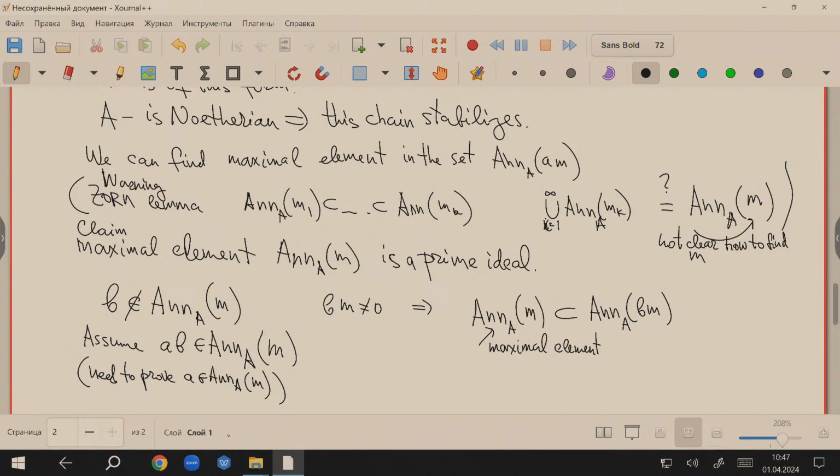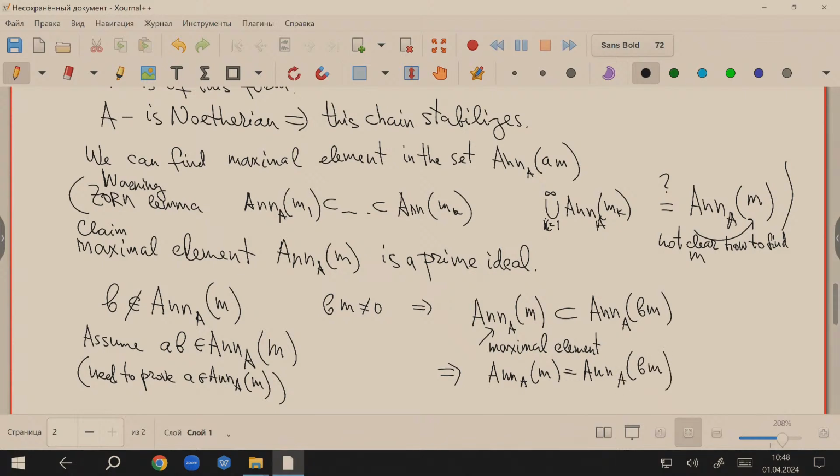So algorithmically, if you have such B, then we can enlarge the chain and proceed until we cannot do this. And this implies that the annihilator of M is equal to the annihilator of Bm.